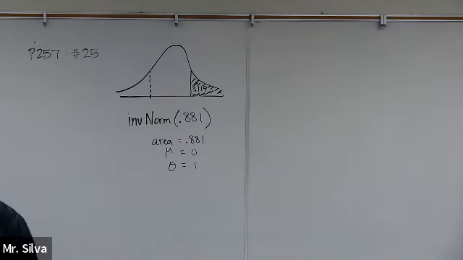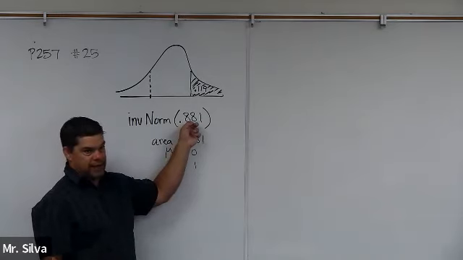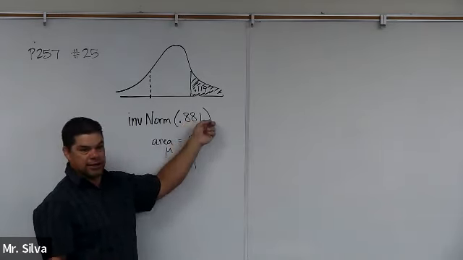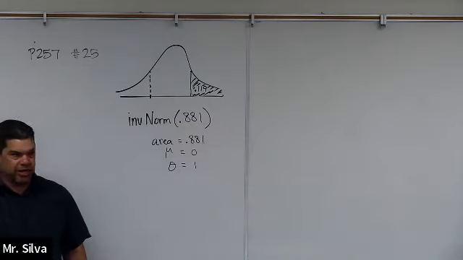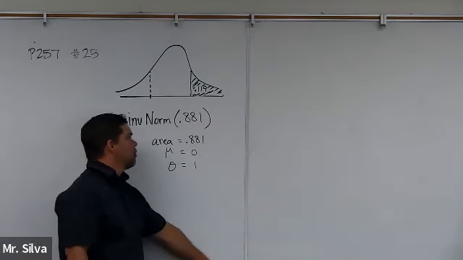Got to fold out. 0.1190. I see it. It says negative 1.18. Does it make sense? If I actually want the positive, I'm going to look up 0.881 and I'll see 1.18. So that's the answer. Z equals 1.18.